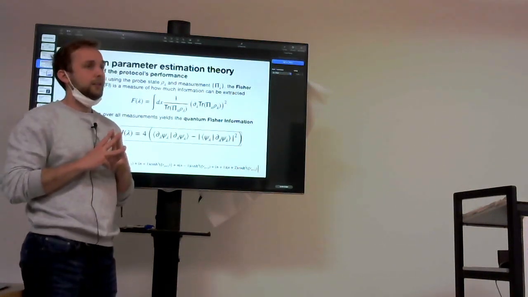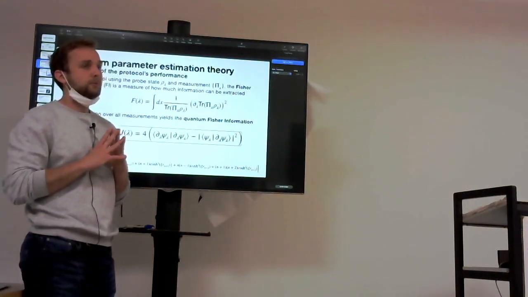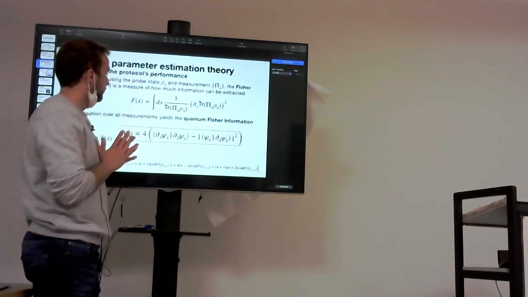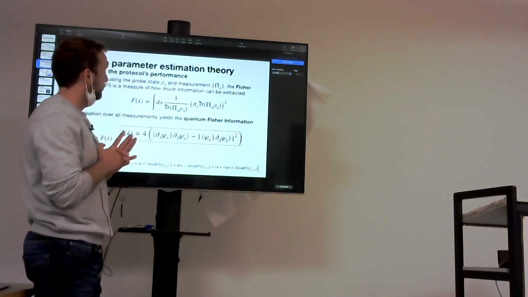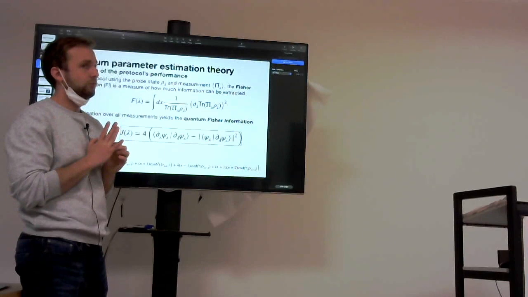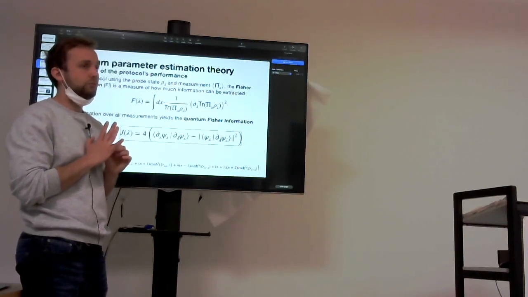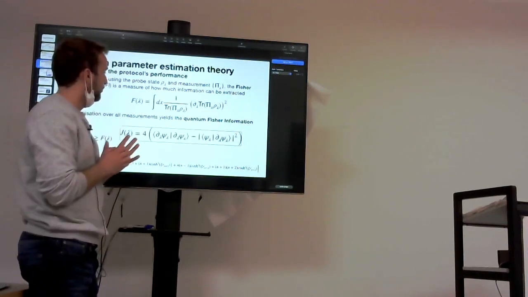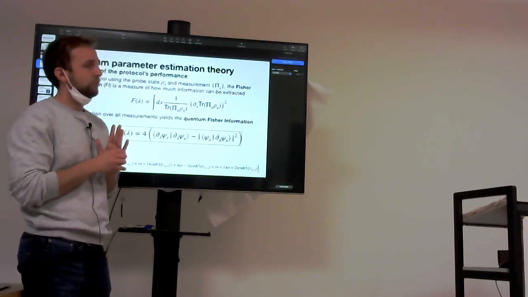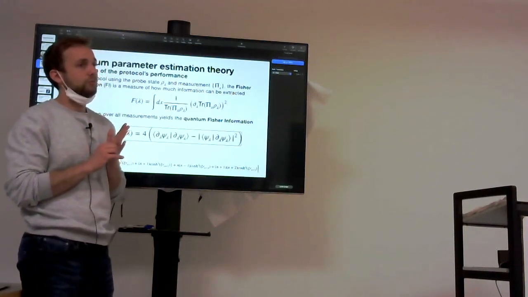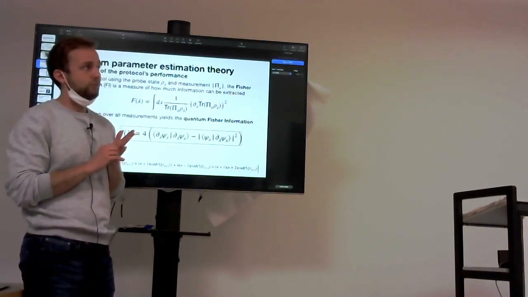I mean, you check your measurement and sensitivity, so that your measurement result is approaching the limit of the quantum Fisher information.